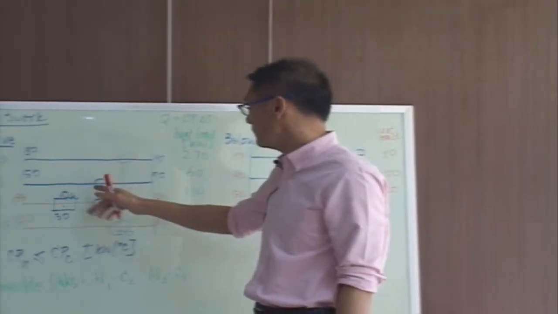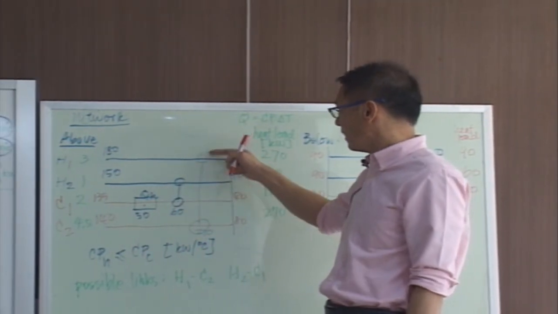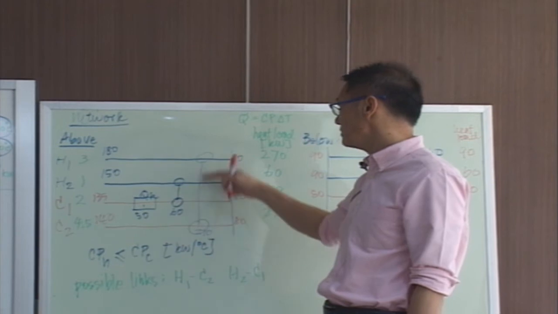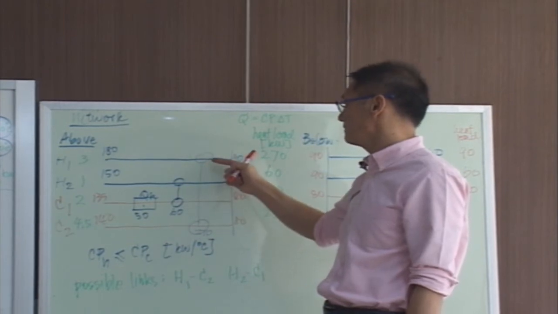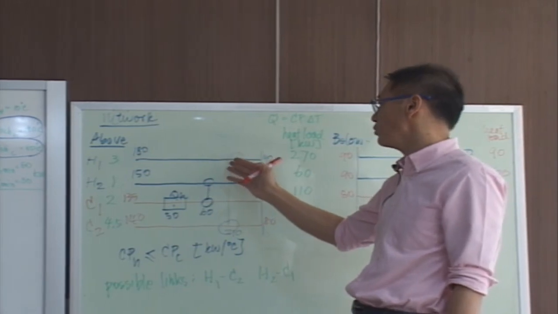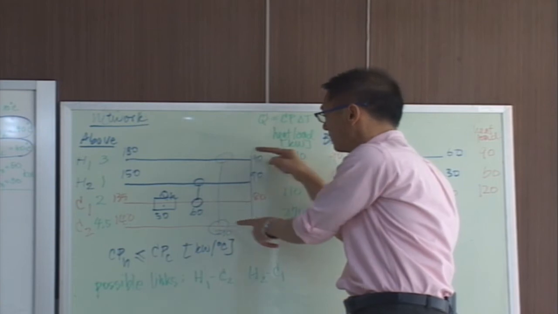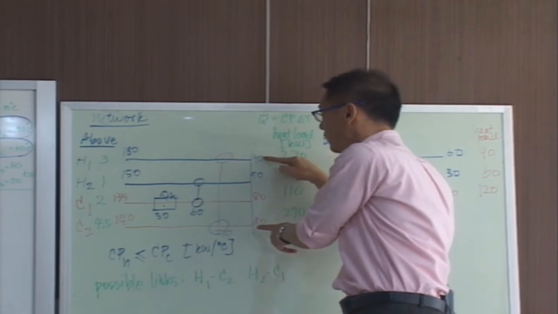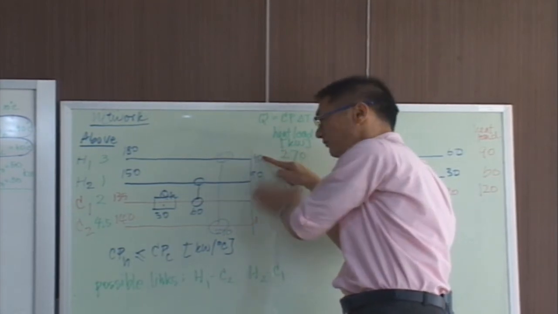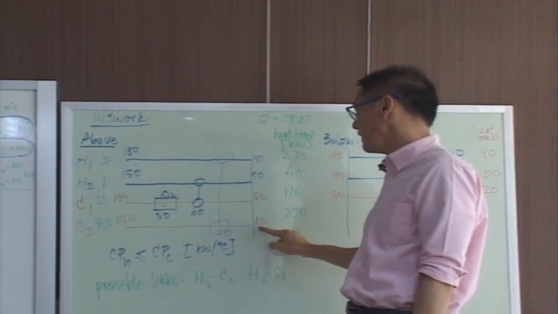I have to go back a little bit to the above pinch to check that the temperature excess from the heat exchanger will not go against the second law of thermodynamics. So it starts from the first heat exchanger here. We have the outlet of the hot stream equal to 90 and the inlet of the cold stream equal to 80.